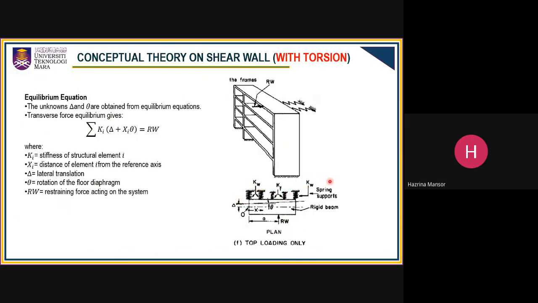So the total forces are equivalent to the RW. It means that the total forces, KI multiplied with delta plus X times the rotation, will be equivalent to RW. So this is the equilibrium equation.